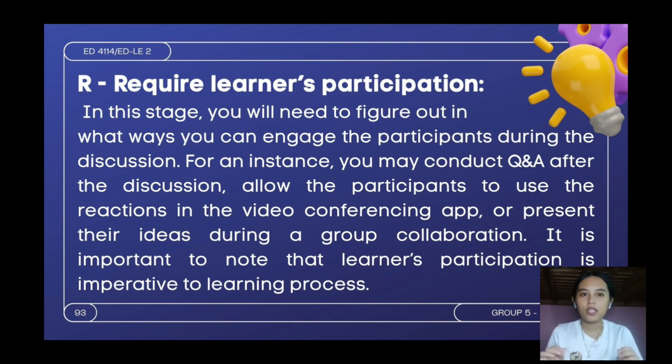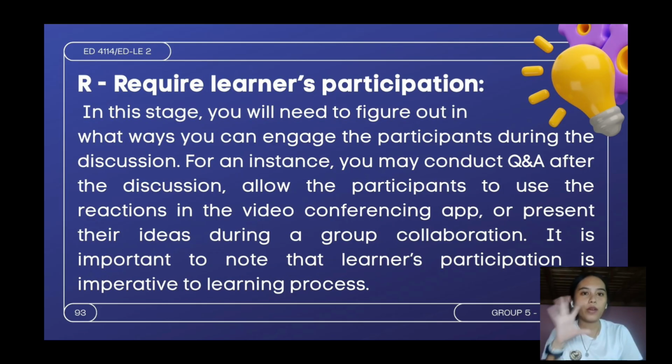Now let us proceed to R. R, which stands for Require Learners' Participation. So this stage focuses on ways to engage the learners or participants during discussion. It is important to note that the learner's participation is necessary in the learning process.